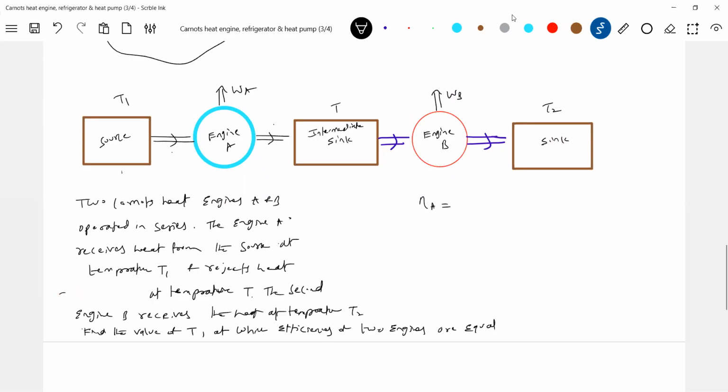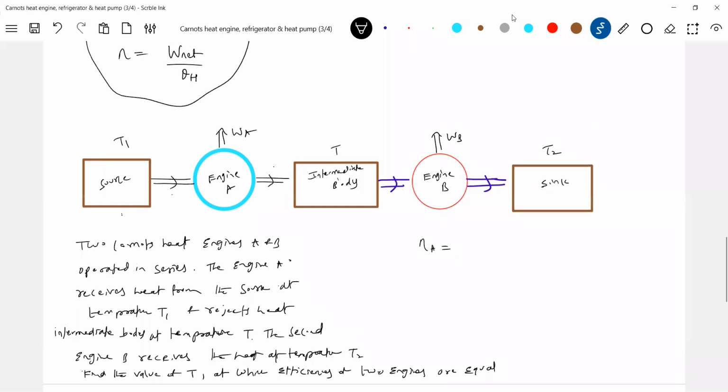Shall I write body? You'll get some intermediate body. This will be better. Now this intermediate body, how do you tell? For engine A, the intermediate body will behave like a sink, no? Then what is the formula?